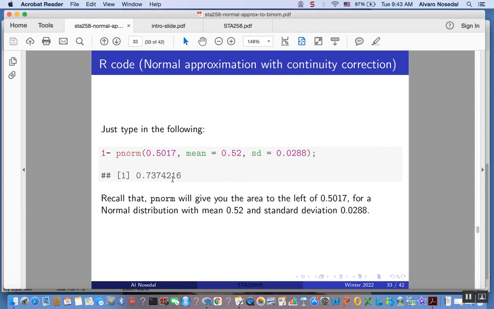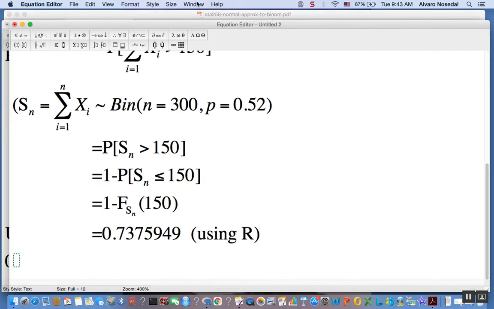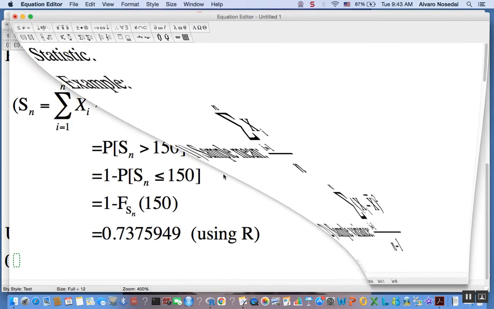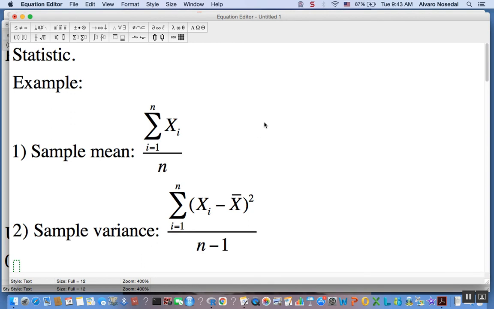So let's summarize what we did. In this video we talked about the concept of sampling distribution. But sampling distribution is relative to a statistic, right? And what is a statistic?